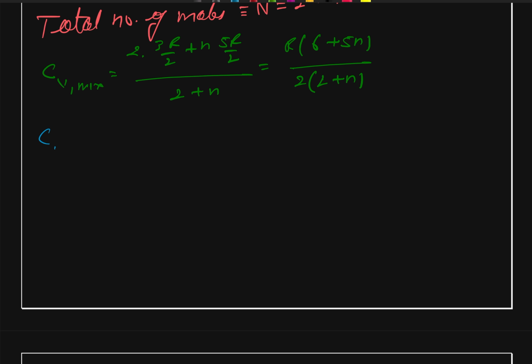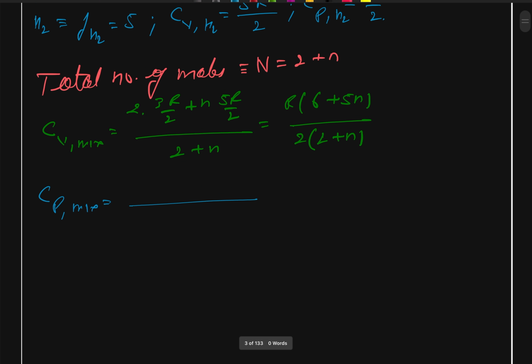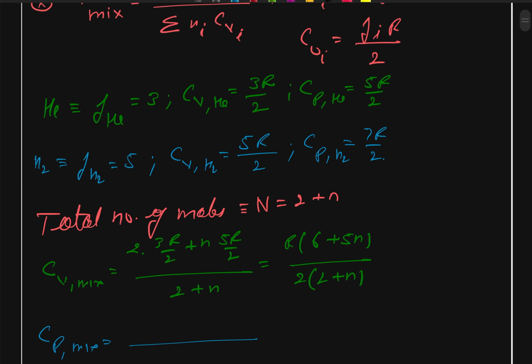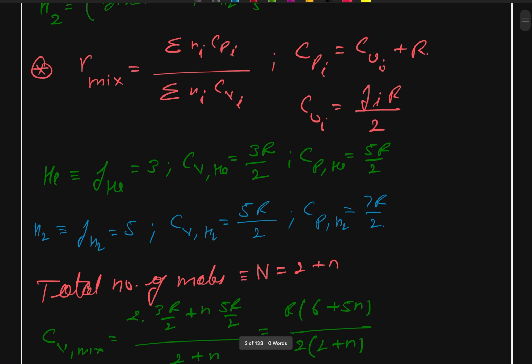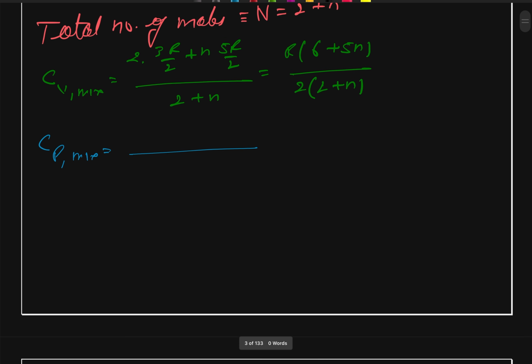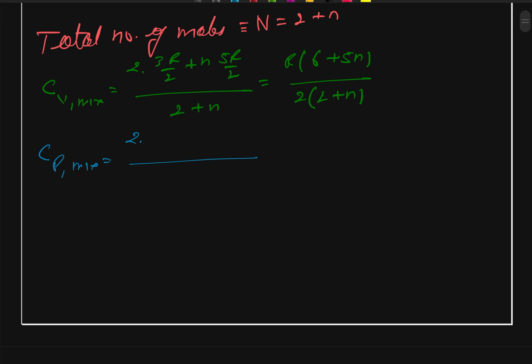And similarly, we can find out our Cp of mix. For the mixture, this will be equal to 2 multiplied by 5R by 2 plus n multiplied by 7R by 2, divided by 2 plus n.